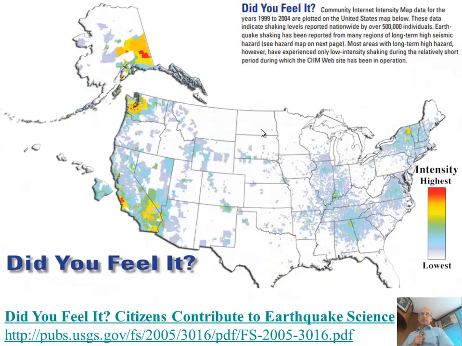Okay, so now let's just remind ourselves a little bit about intensity and magnitude. And so what's intensity of an earthquake? It's what you feel, right? And it depends where you are relative to the earthquake.